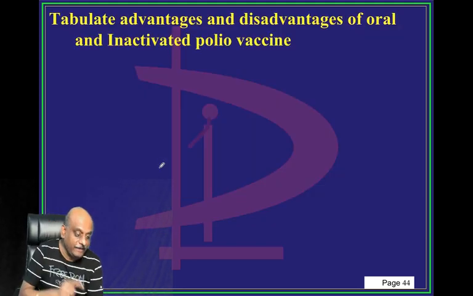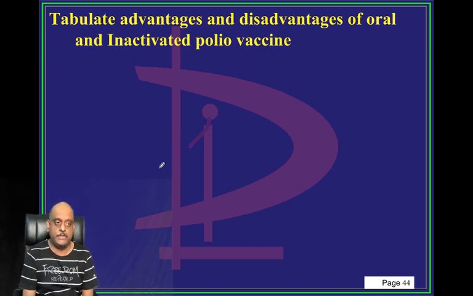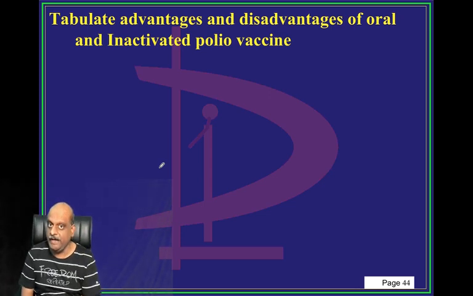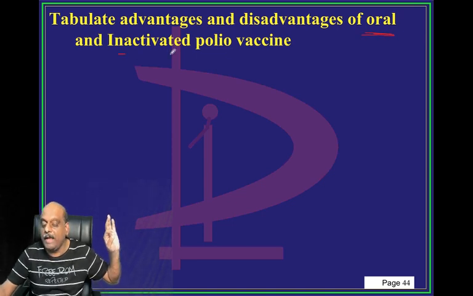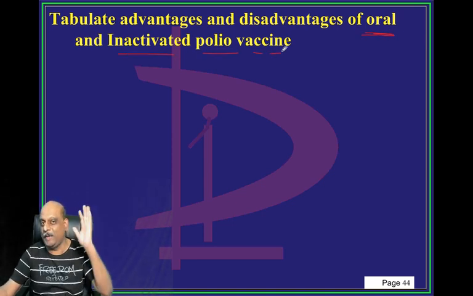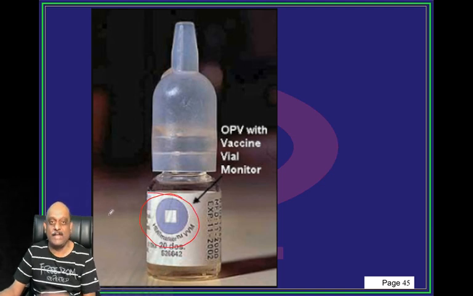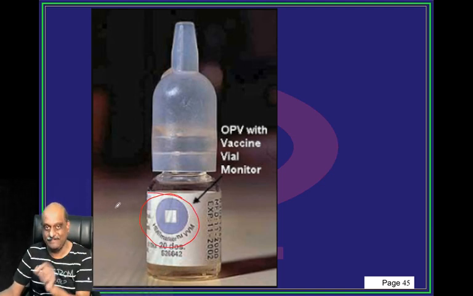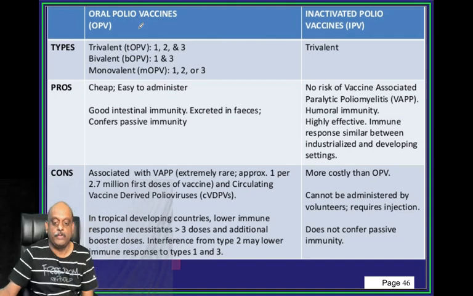Now comes the favorite question of the examiner for tomorrow's MBBS final year Part 2 Pediatrics: what are the differences between the oral and inactivated polio vaccine? What is this vaccine? Oral polio vaccine. And what is this? Vaccine vial monitor. So, oral versus inactivated.